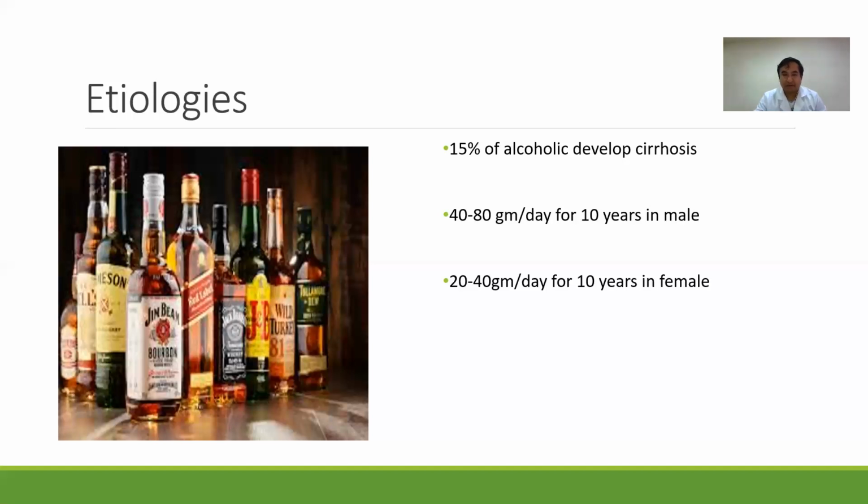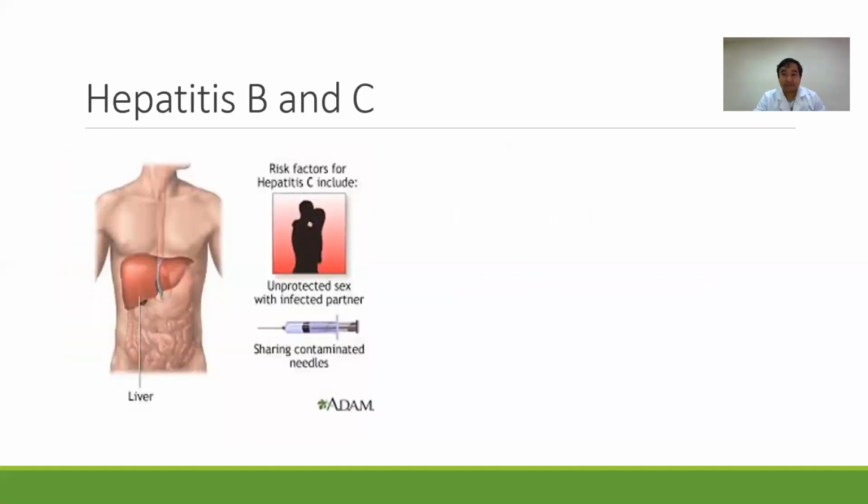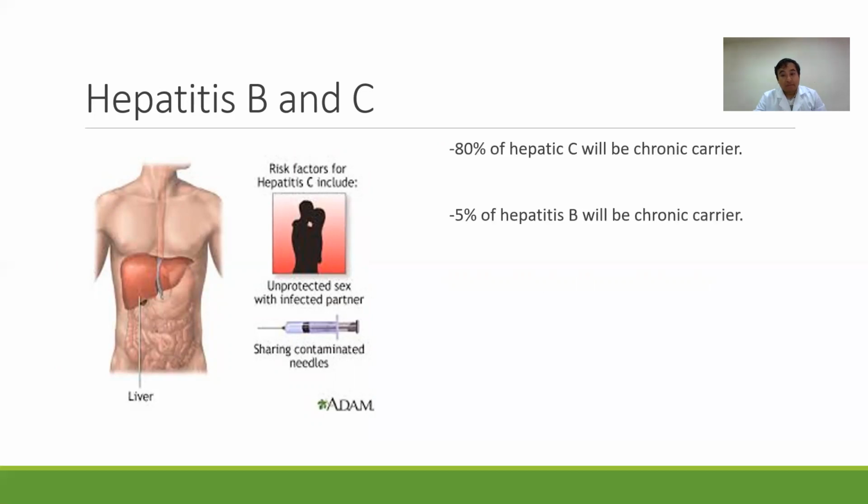Okay. Second important cause is hepatitis B and C. What do you think? Which one is the common, hepatitis B or C? Most of the time, cirrhosis is caused by hepatitis C. It's around 80% because hepatitis C has chronicity, whereas hepatitis B has self-resolution in most of the cases.